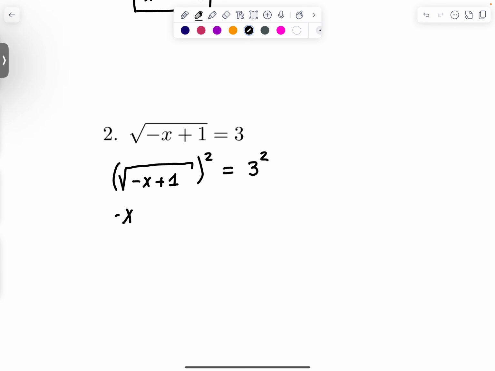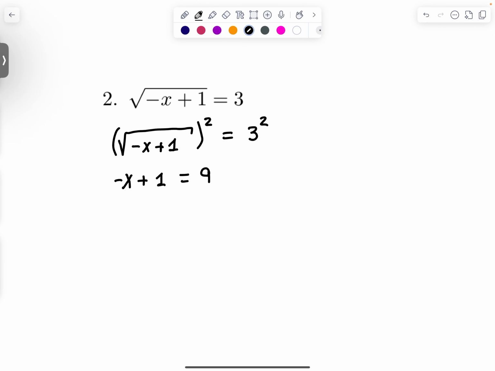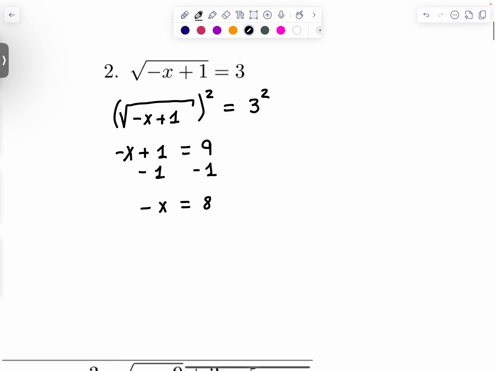So I get negative x plus 1 equals 9. Now I want to get x all by itself on the left side, so I'm going to subtract 1 over, minus 1, and I get negative x equals 8. I have a negative x, which I don't want, so I need to get that negative onto the other side. To do so, I'm going to divide by negative 1, and I get x equals negative 8.